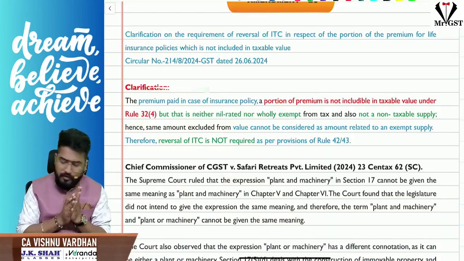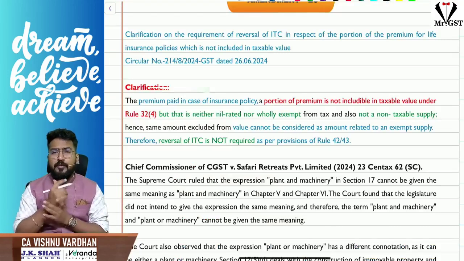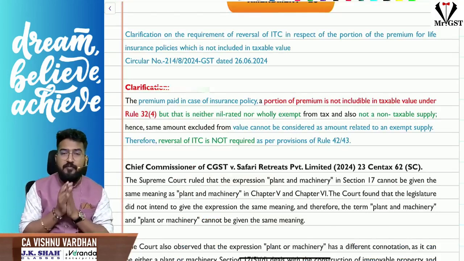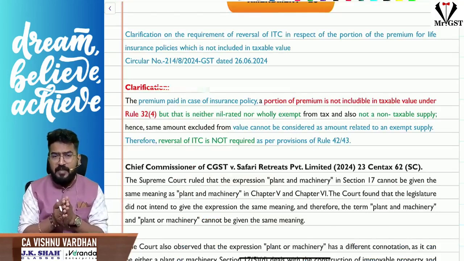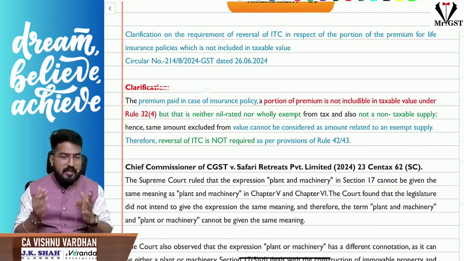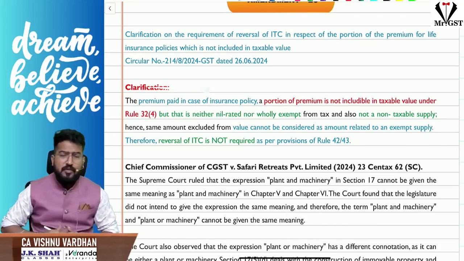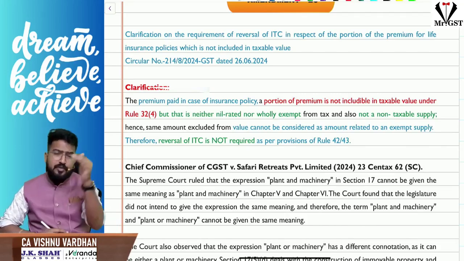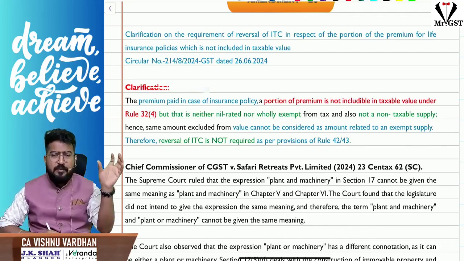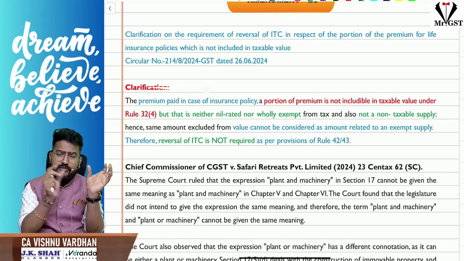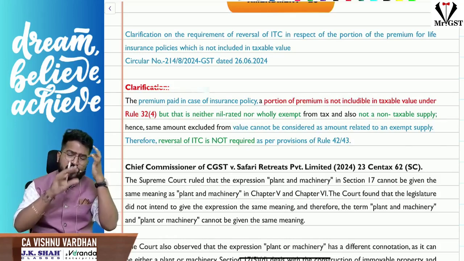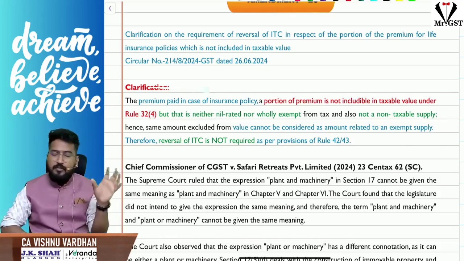So the next one, if you remember, when we went through valuation rules and calculated the value of supply for the insurance premium paid for life insurance, in the value of supply we exclude some portion. Even though the premium paid is 1 lakh rupees, let us assume some 20,000, 30,000, 40,000, something or the other, based on valuation rules, we will remove some portion.